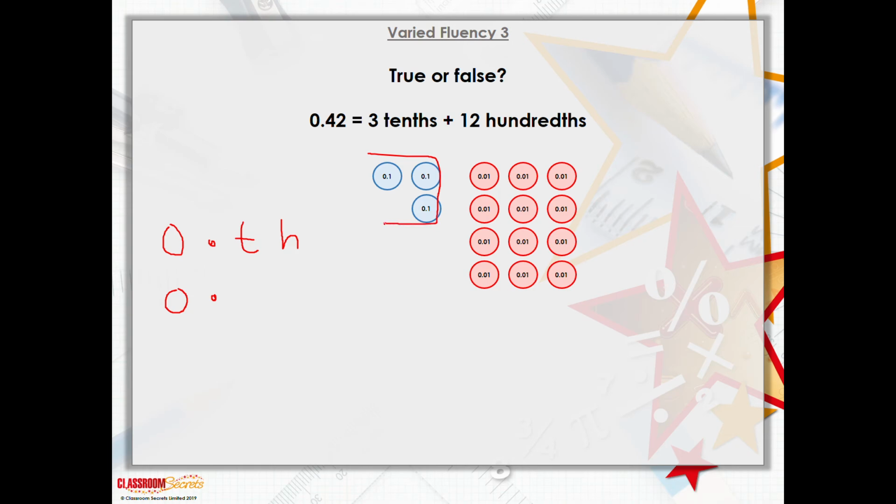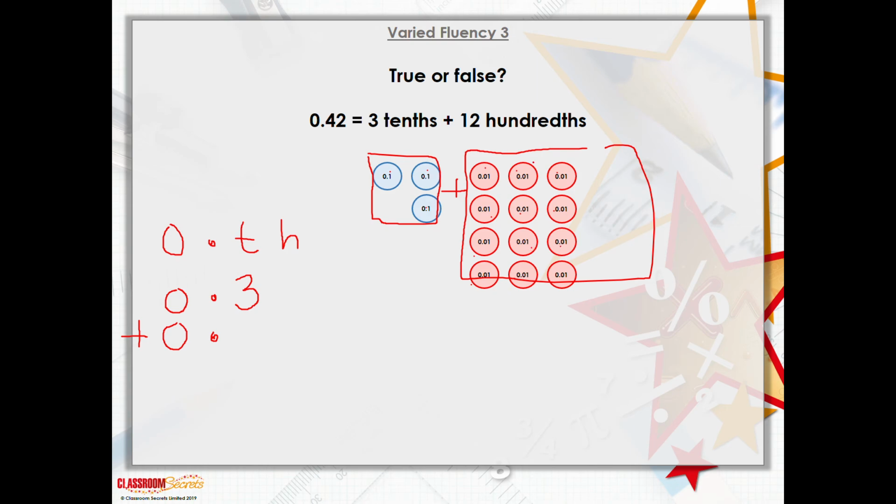I'm going to do this one first, and then I'm going to add it just to this one. How many tenths have I got? I've got 1, 2, 3 tenths. 0.3, but I want to add this to my hundredths. Now how many hundredths do I have? 1, 2, 3, 4, 5, 6, 7, 8, 9, 10.